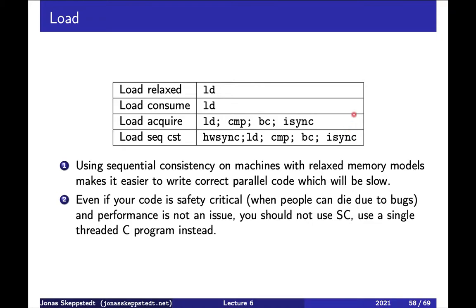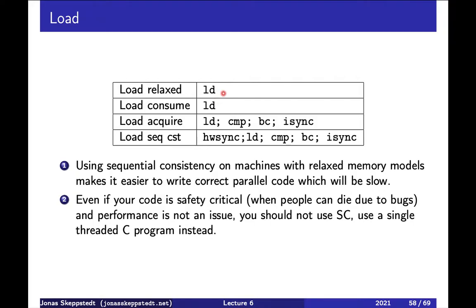So, I mean, now we come to the interesting part that we should think about when we do the different operations on atomic variables. Okay, so if we use non-atomic variables, it's always like load relaxed, meaning only a load. So then we don't have to worry about costly instructions.